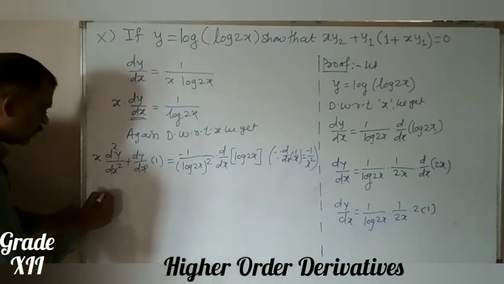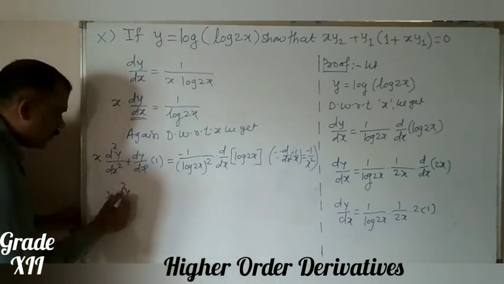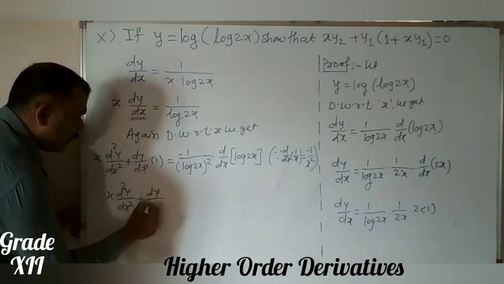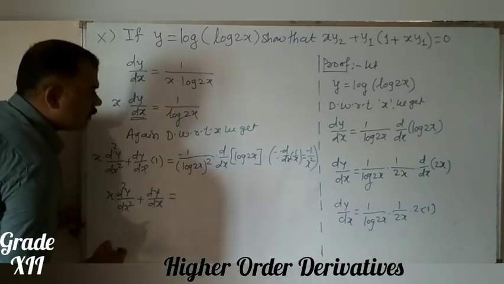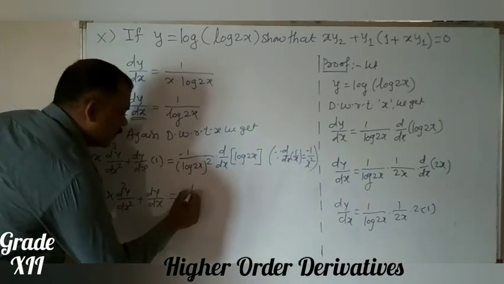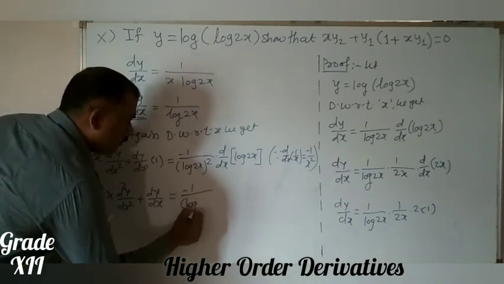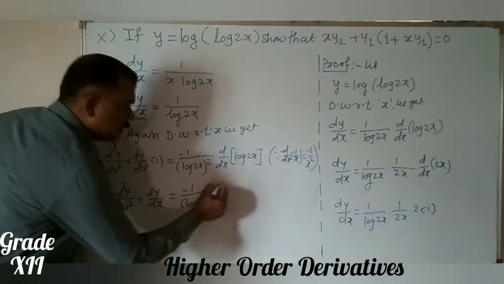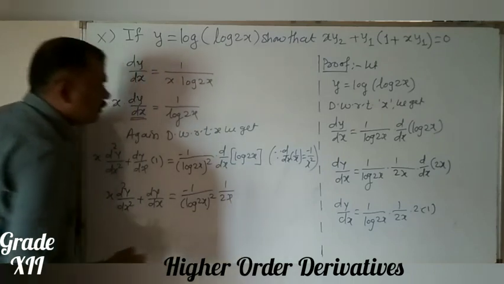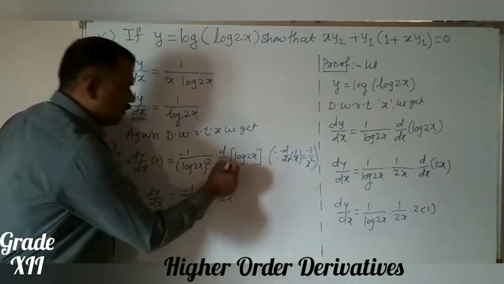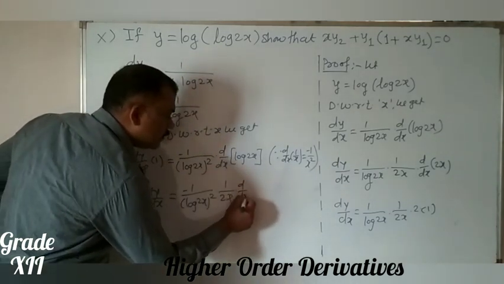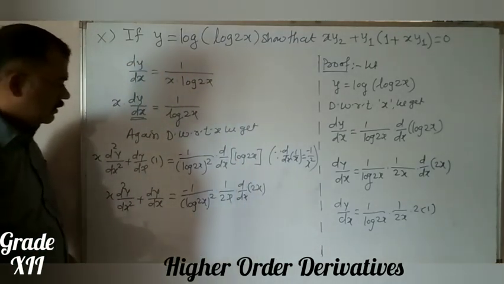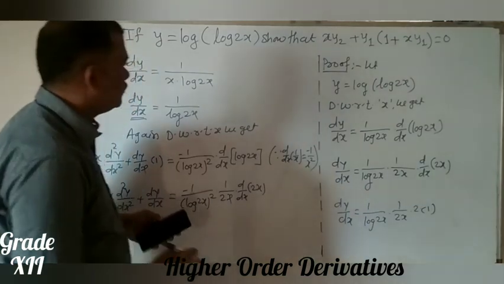So that what we get, x into d2y by dx square plus dy by dx is equal to minus 1 upon log of 2x bracket square. What is the derivative of log of 2x? It is nothing but 1 upon 2x into d dx of 2x.